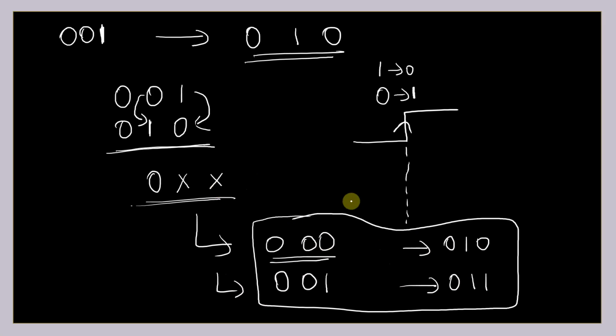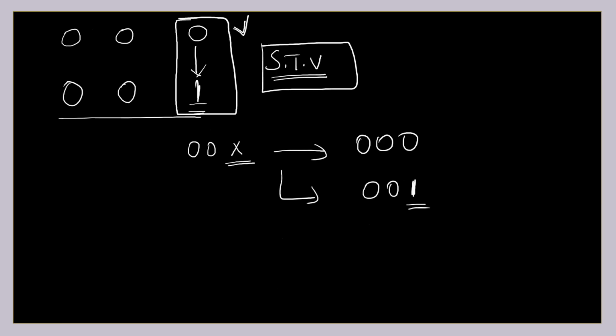This is a major problem if we are going to use binary pointers. That is the reason we are going to use gray pointers. See, if we use a gray pointer, then for each and every adjacent number there will be only one bit change. And if there is only one bit change, there is no problem. It may be the previous value or it may be the present value. That's it, right?